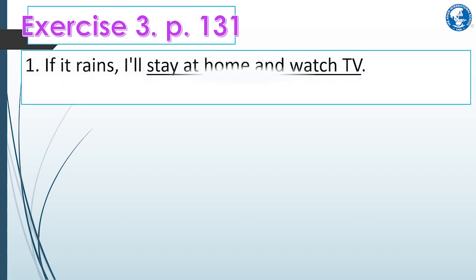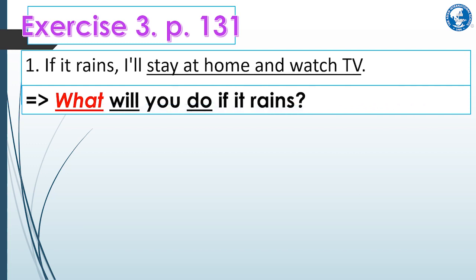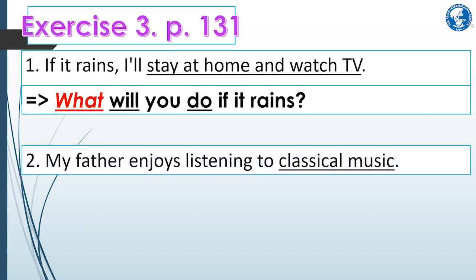Number 1. If it rains, I will stay at home and watch TV. So, stay at home and watch TV refers to an action or an idea. So the WH question should be, what? What will you do if it rains? Number 2. My father enjoys listening to classical music.